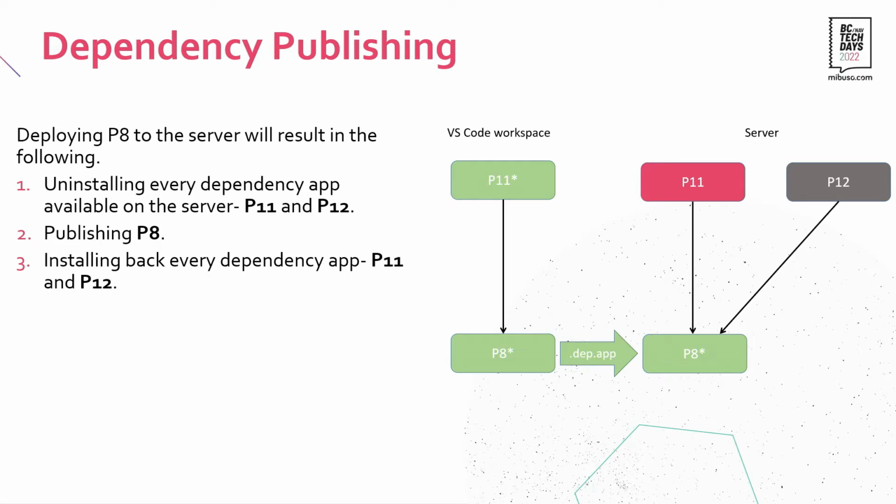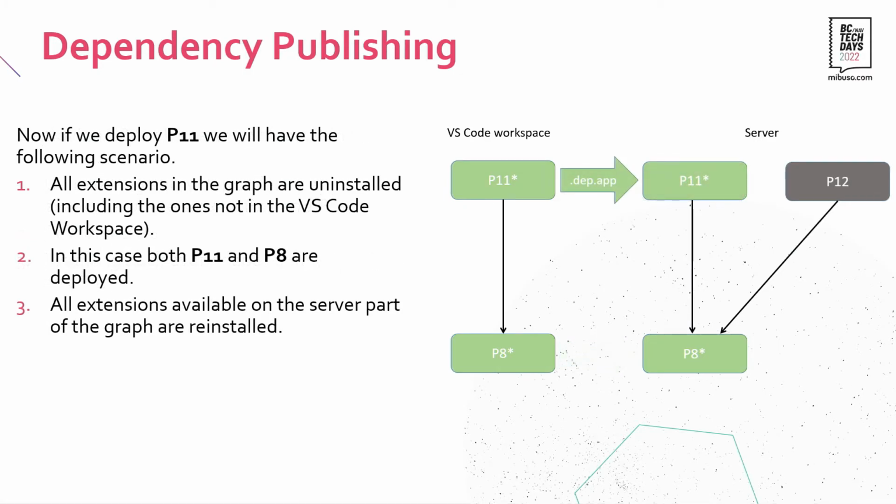And what we will do is we will publish that one to the server. Before actually compiling P8 on the server side, we will uninstall all of its dependencies, P11 and P12. Then we will compile and publish P8, and then we will install all of them in the right order.